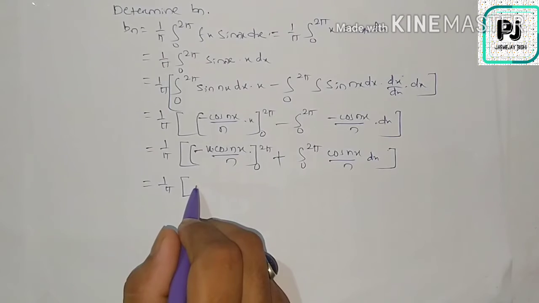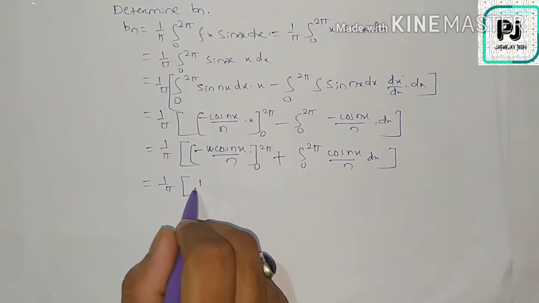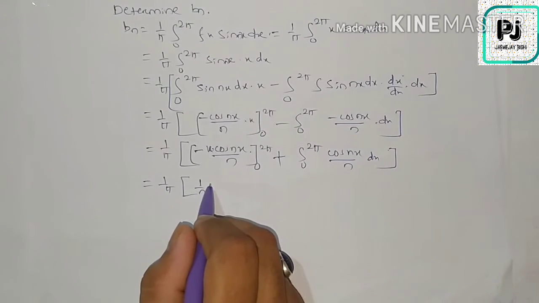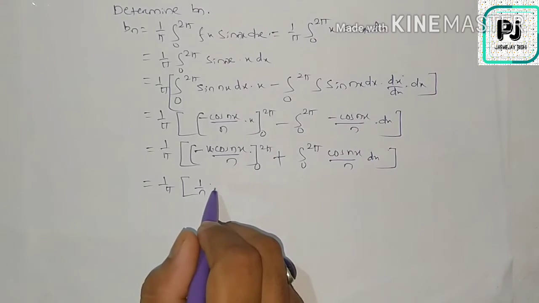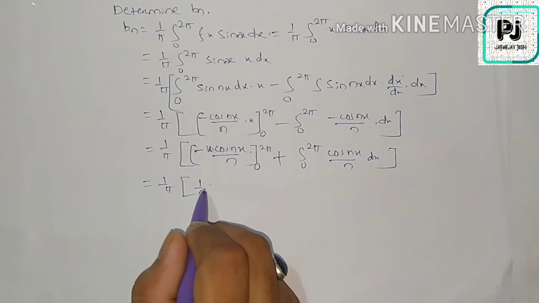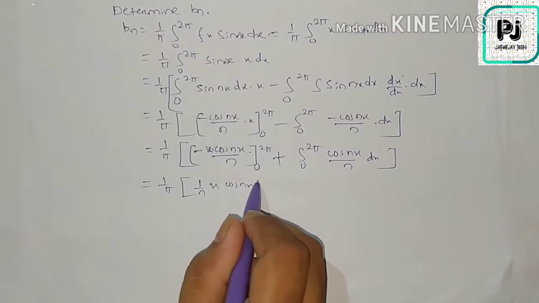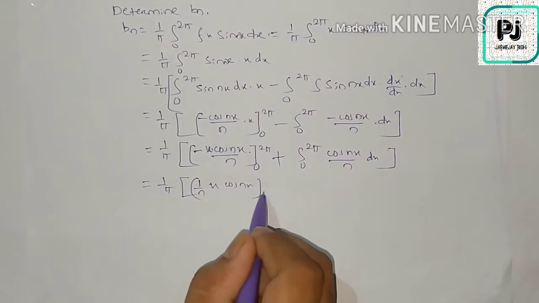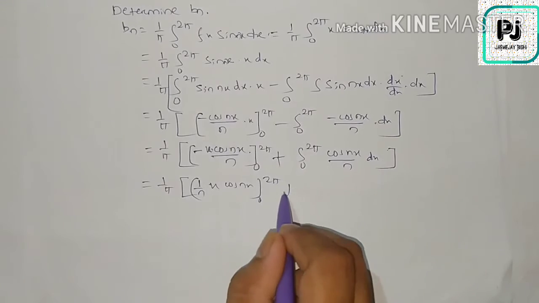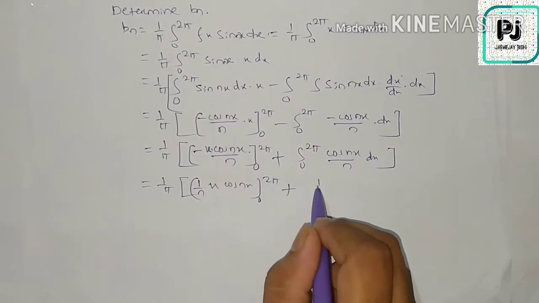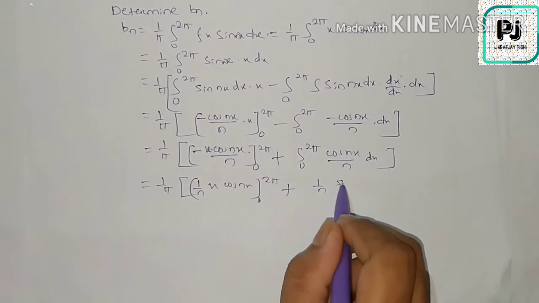1 by pi, value we put: minus 2 pi, 1 by n into minus 2 pi cos 2 pi n. Again I am writing this 1 by n, cos nx from 0 to 2 pi, later on we will put the value.